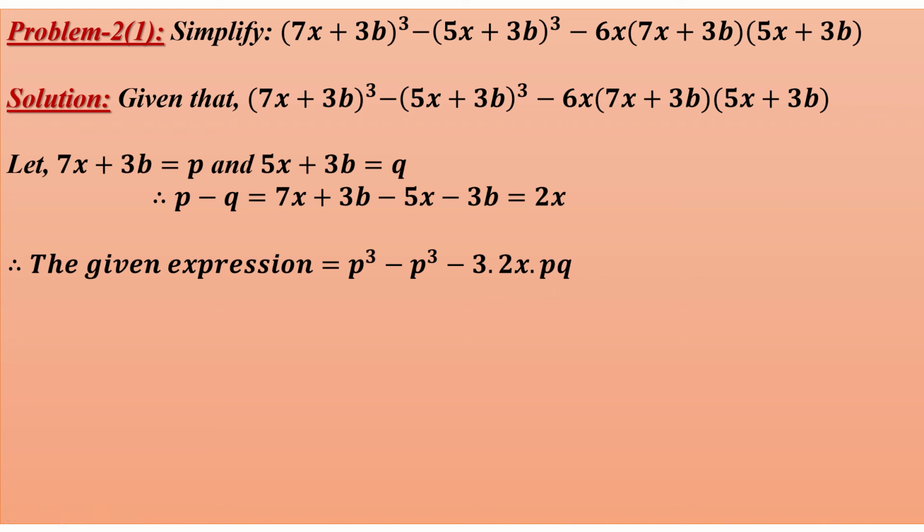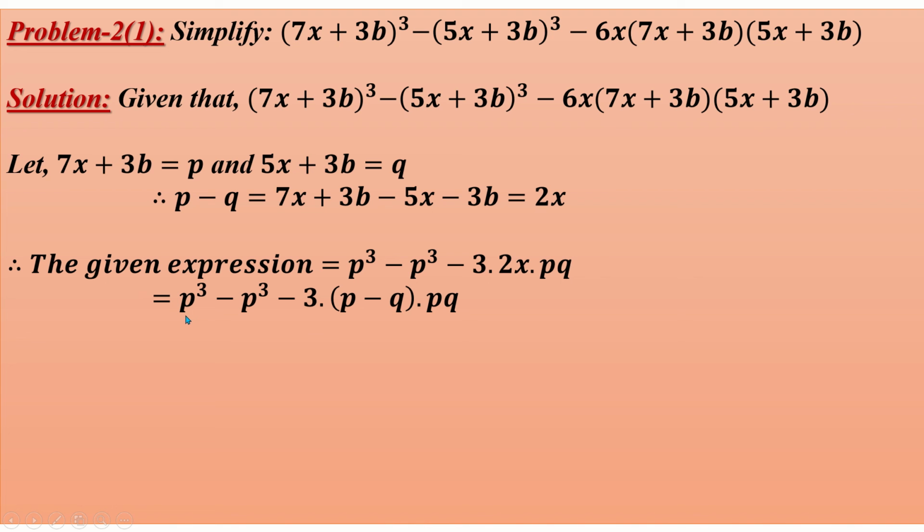So for making 3ab, we write 6x as 3 into 2x, and 2x equals p minus q. So we convert 6x into 3 into 2x, and this is p and this is q. Okay student, again here will be q.